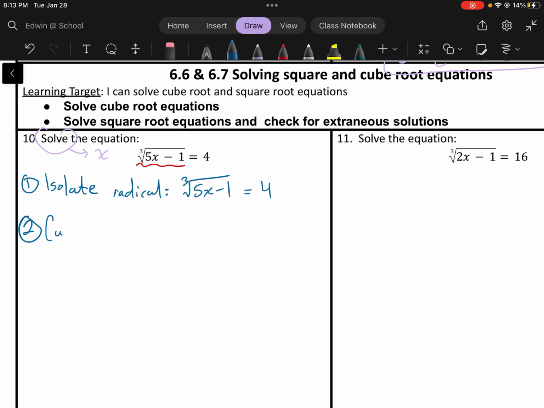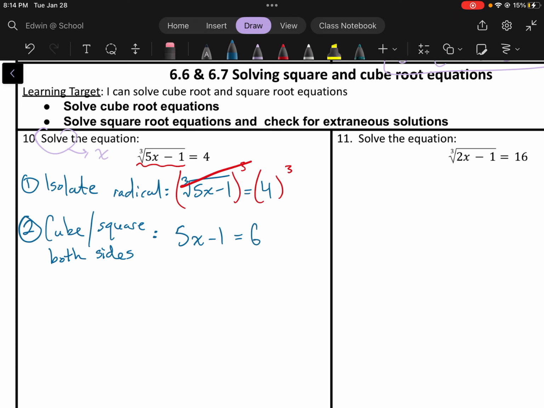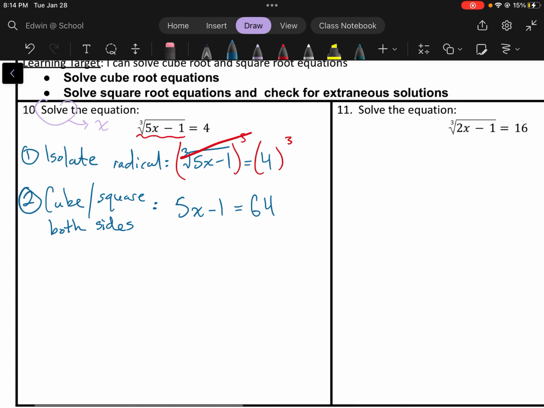Step 2 is going to be to cube or square both sides, depending on what type of equation it is. Now, since this is a cube root, we are going to want to cube both sides so that the cube root cancels out. And as a result, we're going to end up with 5x minus 1 is equal to 4 times 4 times 4. It's going to be 64. 4 cubed is 64.